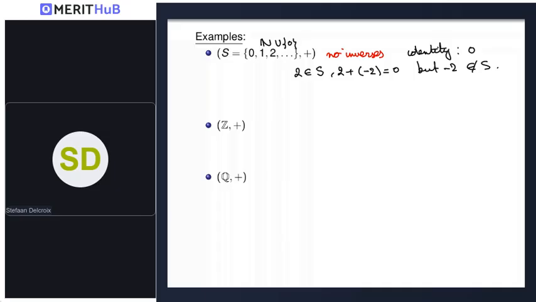So the numbers that we're typically looking at are integers, rational numbers, real numbers, and complex numbers. Okay, the integers. The identity is still 0.